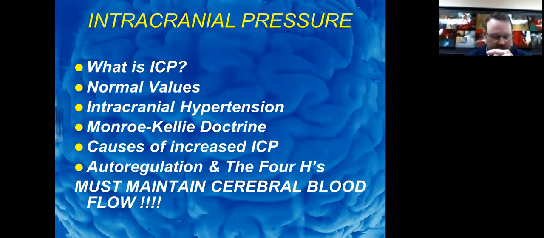We all are aware of anoxic brain injury. The brain has the ability to auto-regulate by dilation and constriction of the blood vessels to shunt venous blood out of the skull, shunting CSF to the spinal system and increasing absorption and decreasing production. But these are the things that interfere with it.